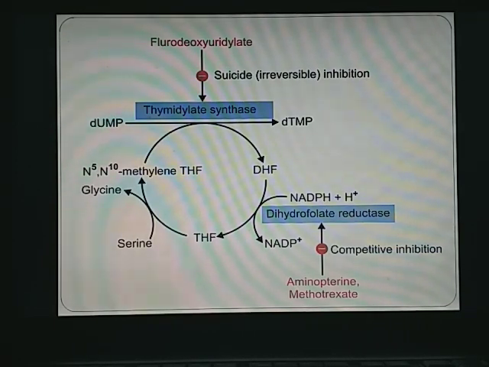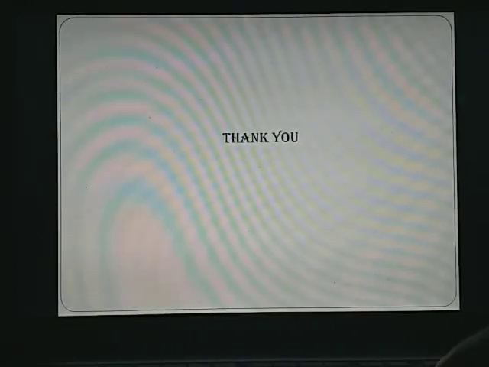So hence these drugs effectively bind to dihydrofolate reductase and inhibit its activity by competitive inhibition. So these are the anti-cancer drugs which are used variously by utilizing these principles. So this completes the pyrimidine metabolism.